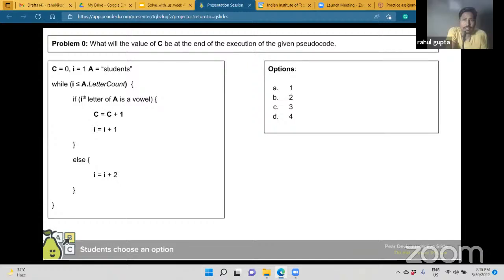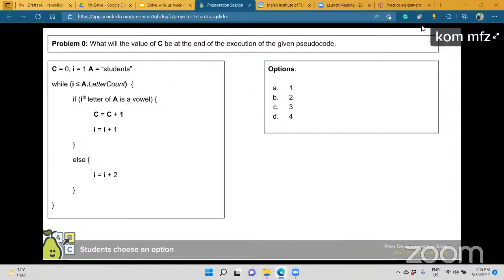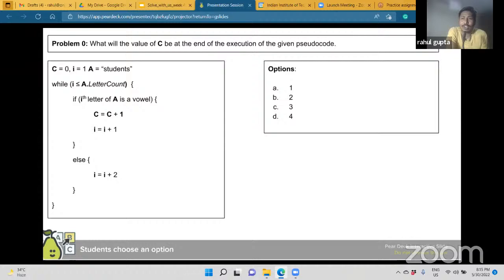Then we go in the if statement: the ith letter of a is a vowel. So we go to first and second, it's not, because a becomes false. And when we go to third, u is a vowel, right? Why are you going so fast? You took s. Is it a vowel or not?